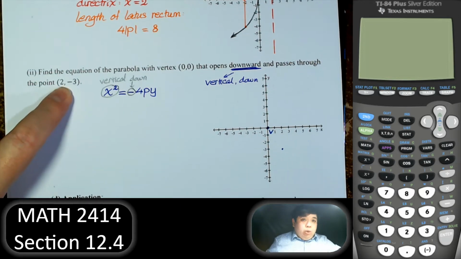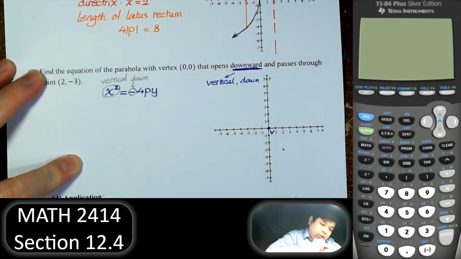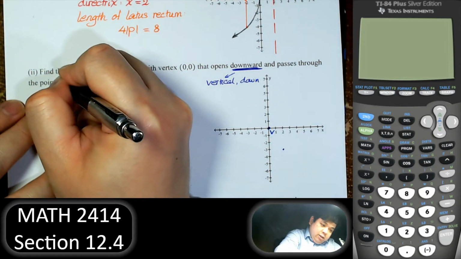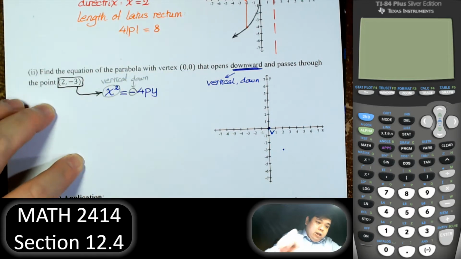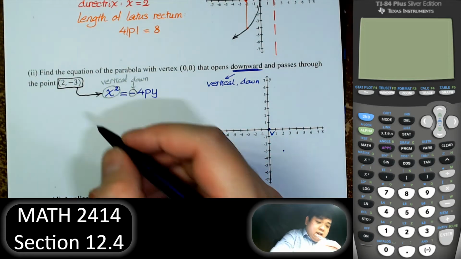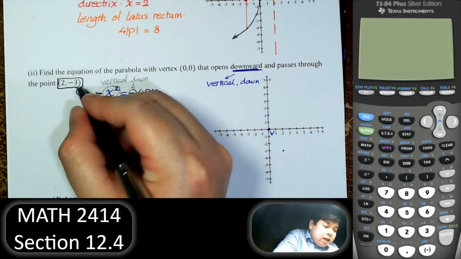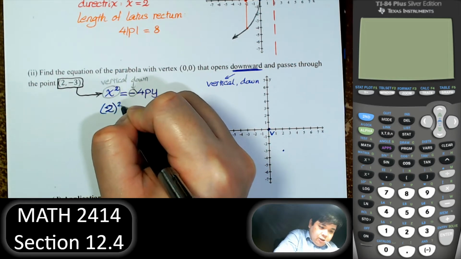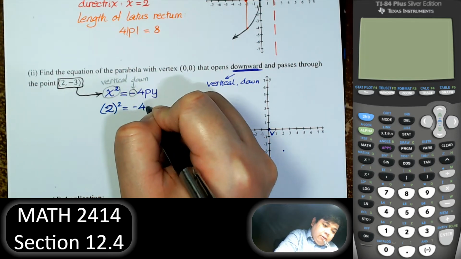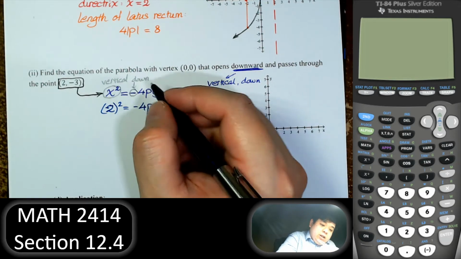Good thing that we have 2 and negative 3 here. So I will substitute 2 and negative 3 into the equation. So x is 2, y is negative 3.